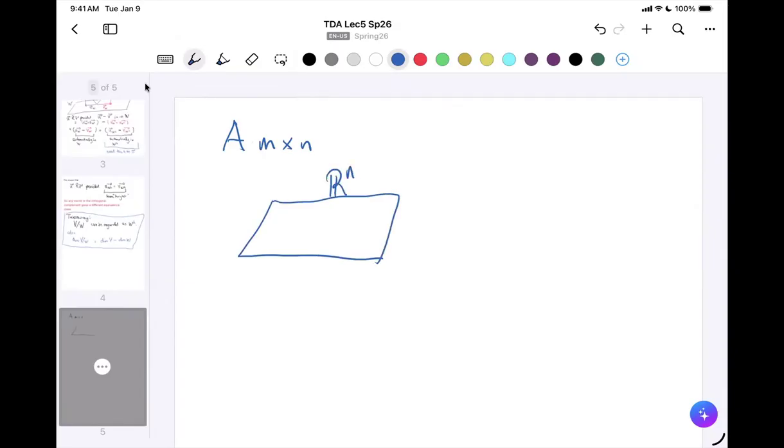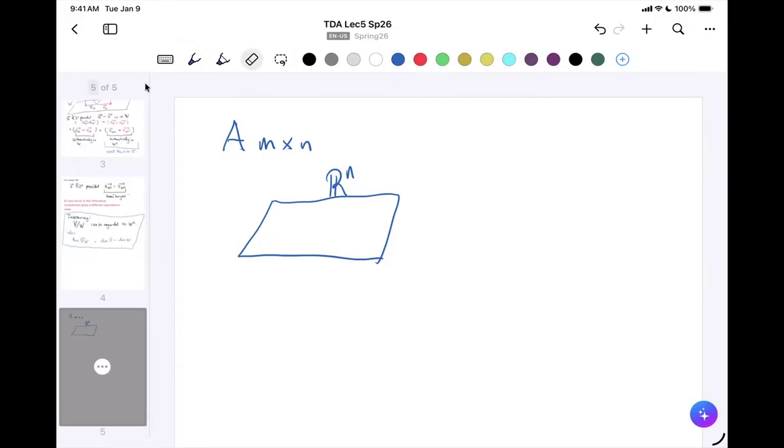Now I'm just going to make sure that I'm using the correct term and indices for what I'm going to tell you about next time. Okay, this is fine.